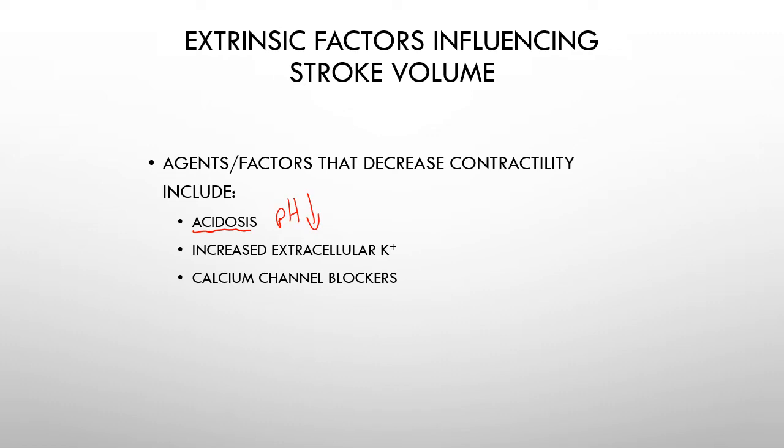We can also change the ion concentrations. Things like potassium and calcium can alter the stroke volume and the contractility of the heart itself. Increased amounts of potassium, for example from a kidney problem inside the body, are going to decrease the contractility of the heart.